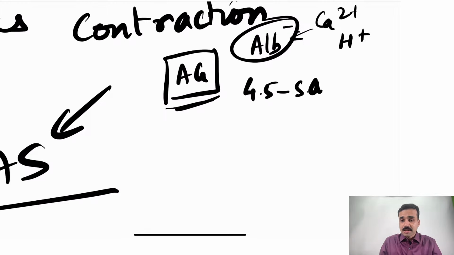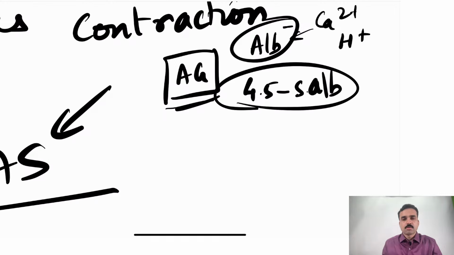Yes, you should take the corrected value, Dr. Med, after calculating 4.5 minus serum albumin. This is what you need to apply to the anion gap. I'm sorry, this is to be multiplied by 2.5. So 2.5 times this difference, 4.5 minus serum albumin.